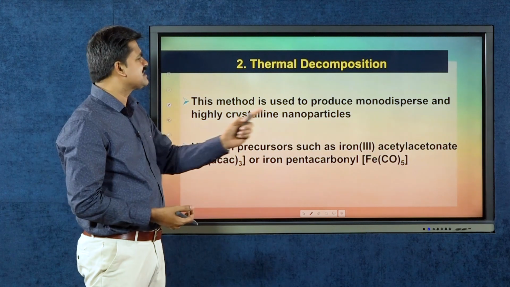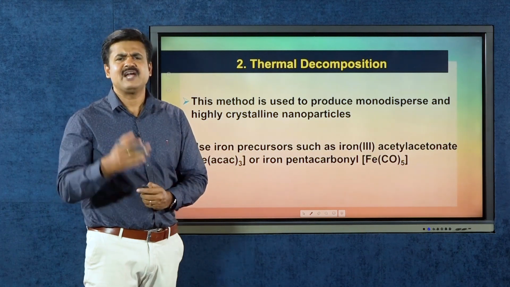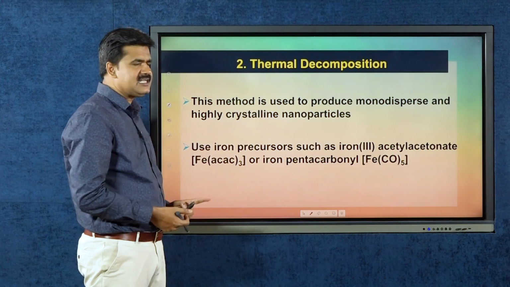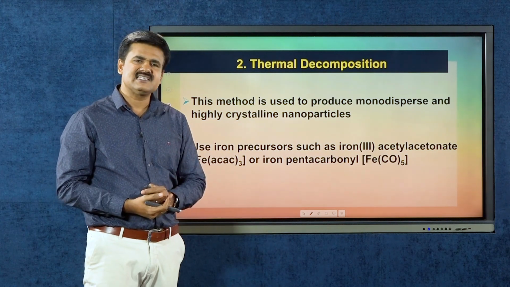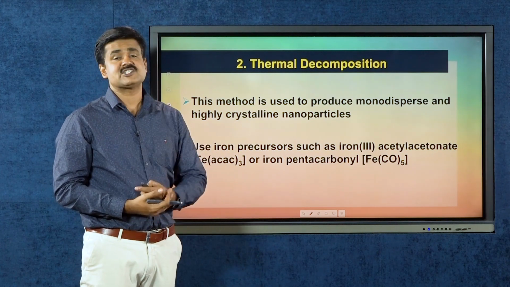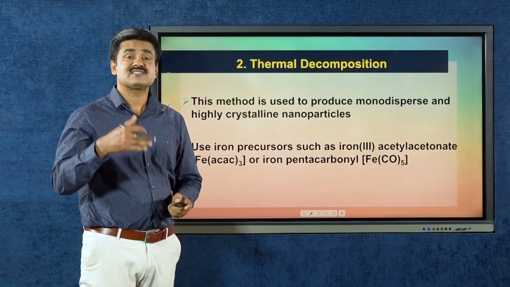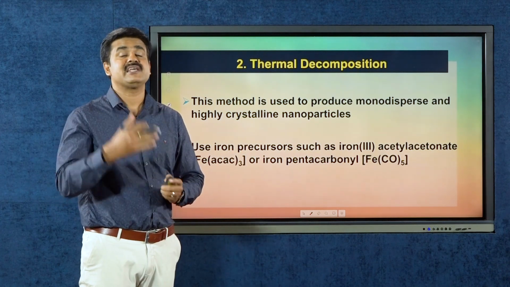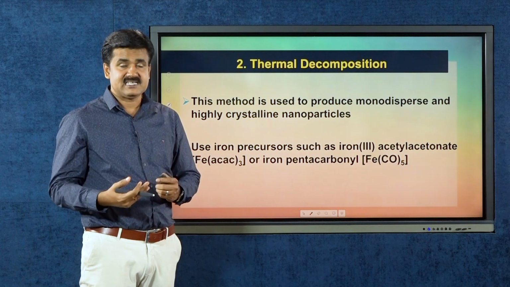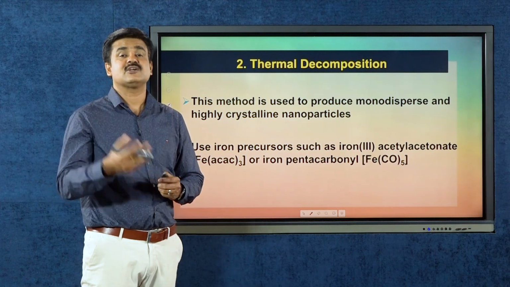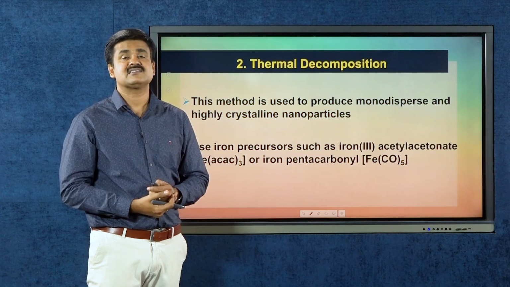It uses precursors such as coordination compounds like iron(III) acetylacetonate, abbreviated as Fe(acac)3, or another coordination complex of iron, that is iron pentacarbonyl. These two materials can be used as the starting material in the thermal decomposition method. Take this material, subject it to high heating, and it will decompose. As a result of that, iron oxide nanoparticles can be obtained.